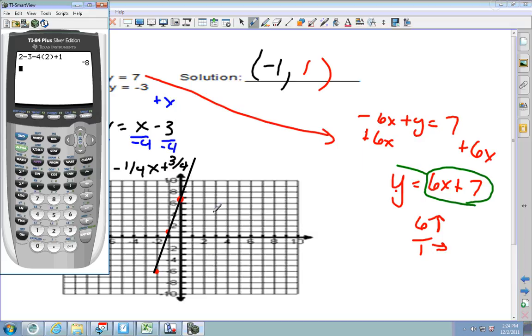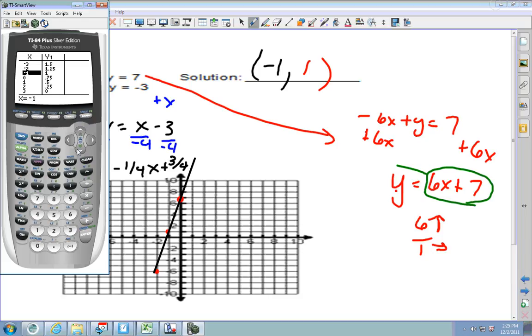It's kind of difficult to start at 3/4, at 0.75, and go down 1 and over 4. But what we could do is go in our calculator, put in here negative 1/4 x plus 3/4, and press second graph and find some ordered pairs. Oh, let's go back up here to the beginning. This is one of the reasons why substitution might be nicer.